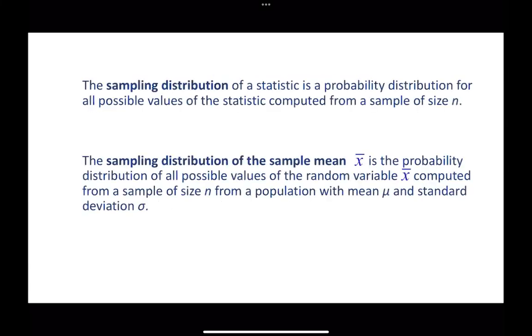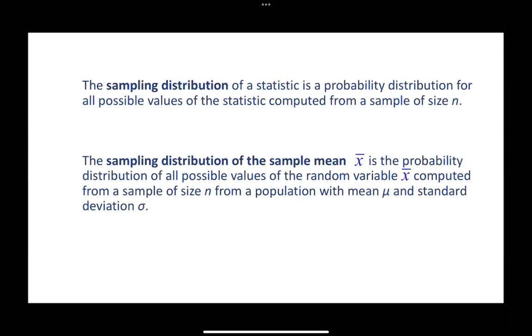All right, so a sampling distribution. A sampling distribution is a statistic, so it's based on samples. If I took a sample of size n, so you chose your sample size, and then you took every single sample of that size that you possibly could take out of a population, that would be a sampling distribution.